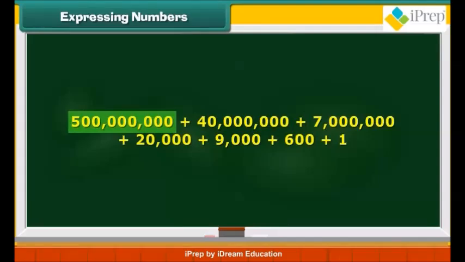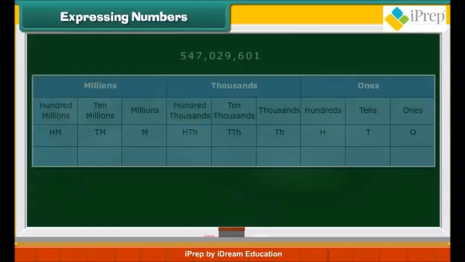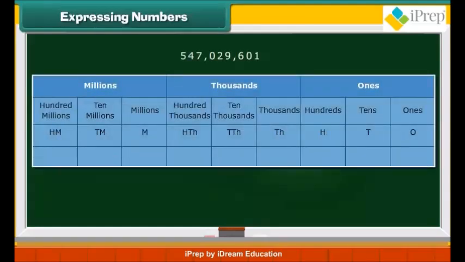Now look at this number expressed in expanded form: 500 millions plus 40 millions plus 7 millions plus 20,000 plus 9,000 plus 600 plus 1. Let us express the number in standard form. The number belongs to the international system of numeration. Therefore, draw the international place value chart. Let us look at the terms one by one.